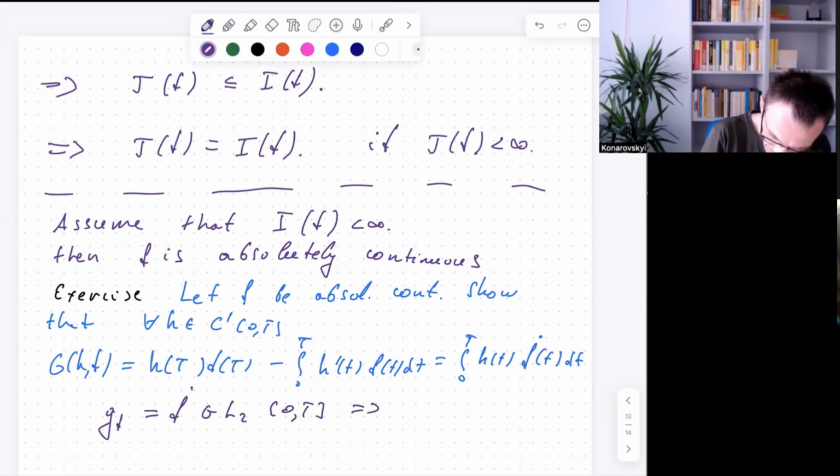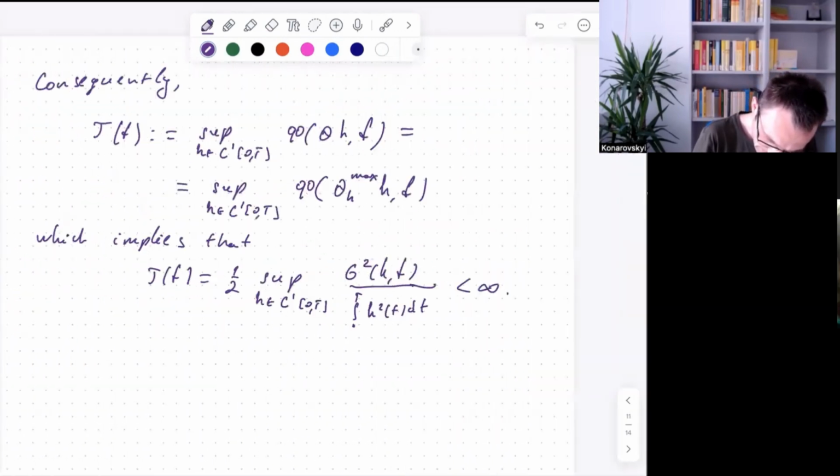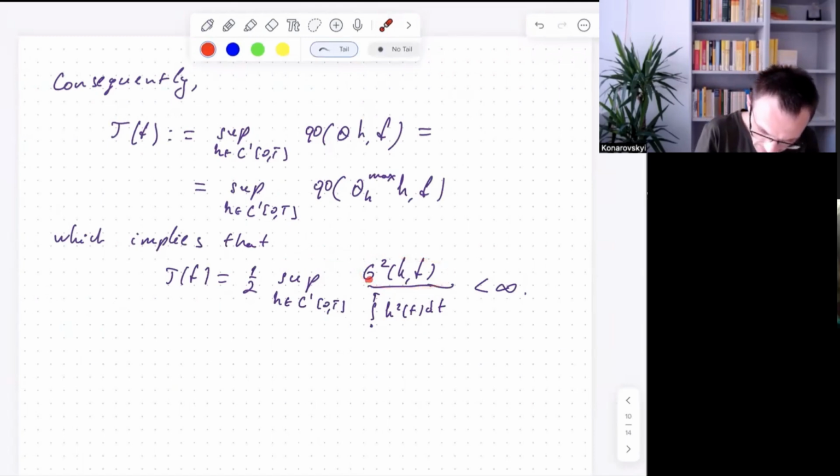And of course, this will imply that also g of f will be finite, because g of f is defined via the norm of this function g, and this g can be represented as the inner product of some L2 function with the function h. And since the inner product is a bounded linear functional, this g will be finite.